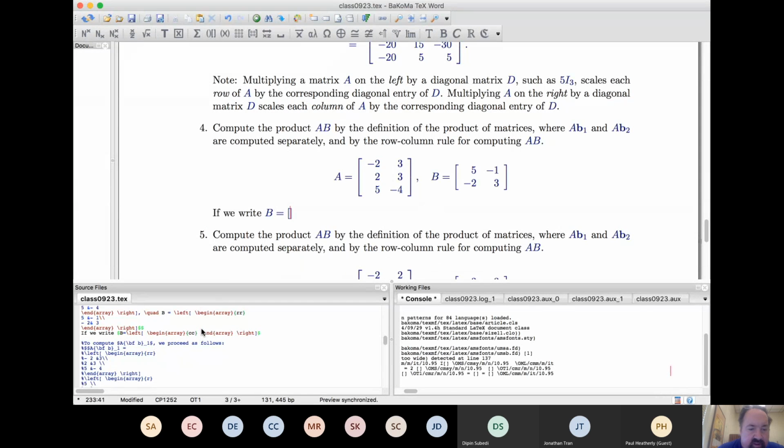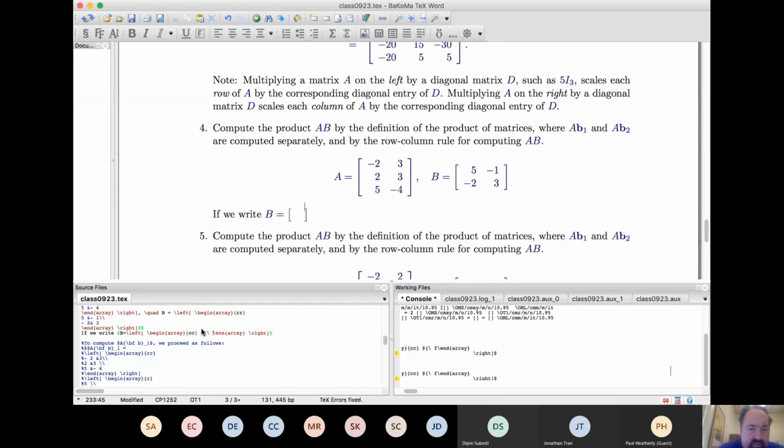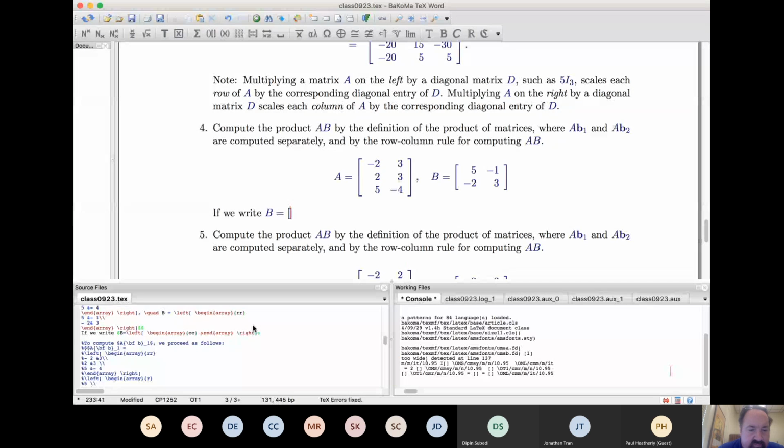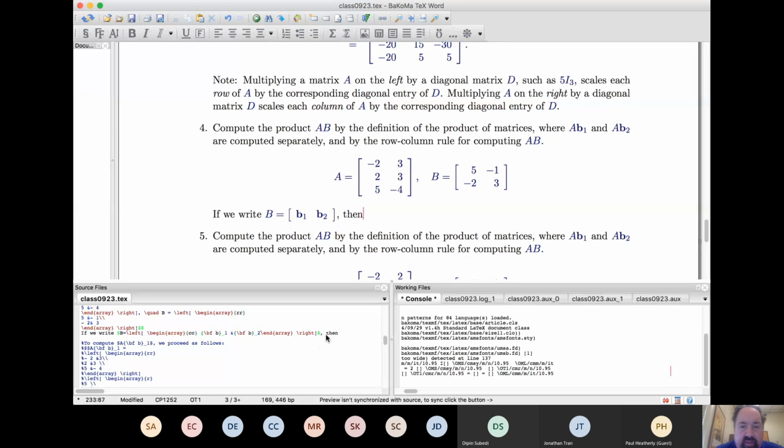all right, so I have B1, B2. So here, these are the two column vectors of B. Then the product A times B can be obtained this way.